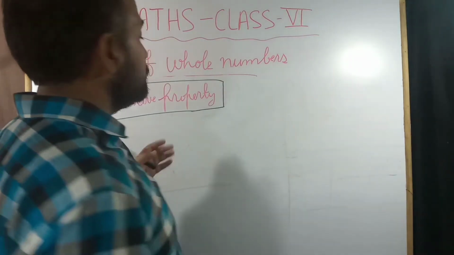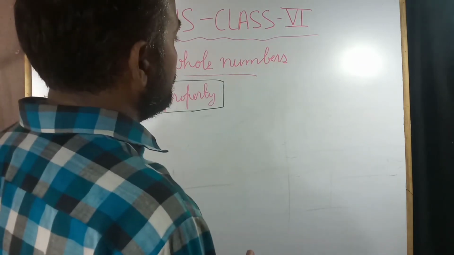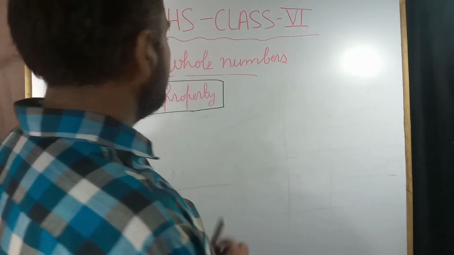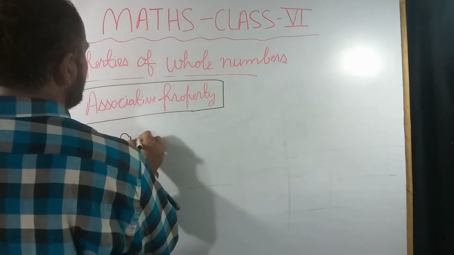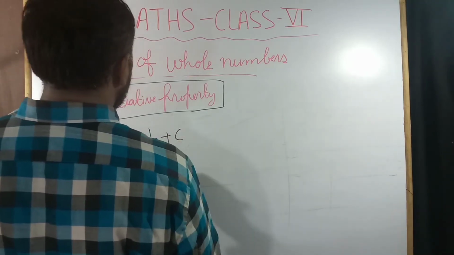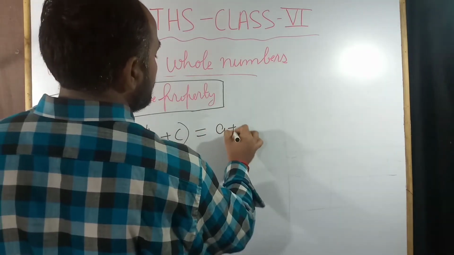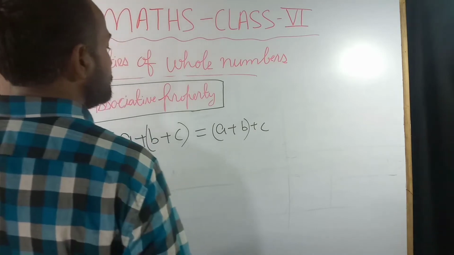Now associative property. In this property we can make a pair of any two numbers and add with the third number, and the answer will be the same in all cases. Now look at the board. Suppose we have three numbers, a plus b plus c. I can make a pair of b plus c, or I can make a pair of a plus b.